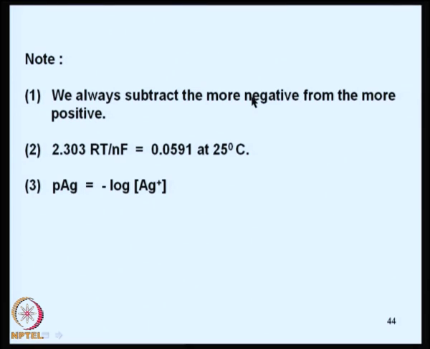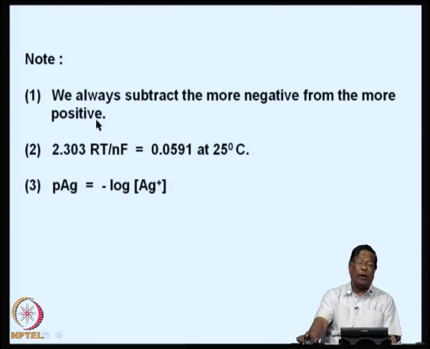For our convenience, we are not taking activities into consideration, because most of the solutions we are dealing with are supposed to be dilute solutions, especially in potentiometry and voltammetry, and the activity coefficient is almost taken to be 1. That is, concentration and activity are almost interchangeable. You will also note that we always subtract the more negative value from the more positive value.